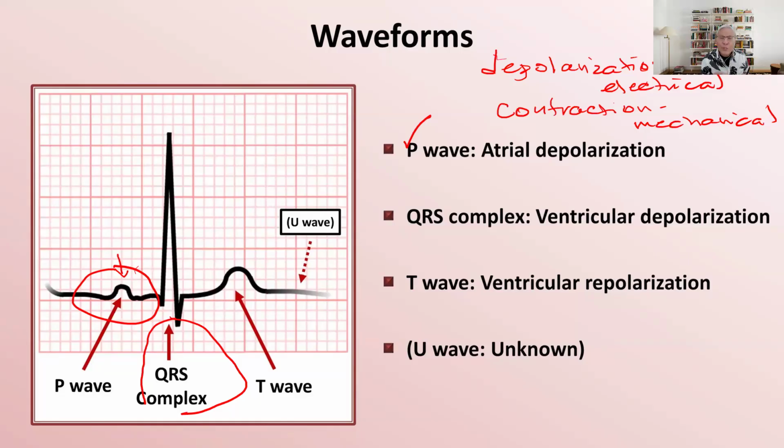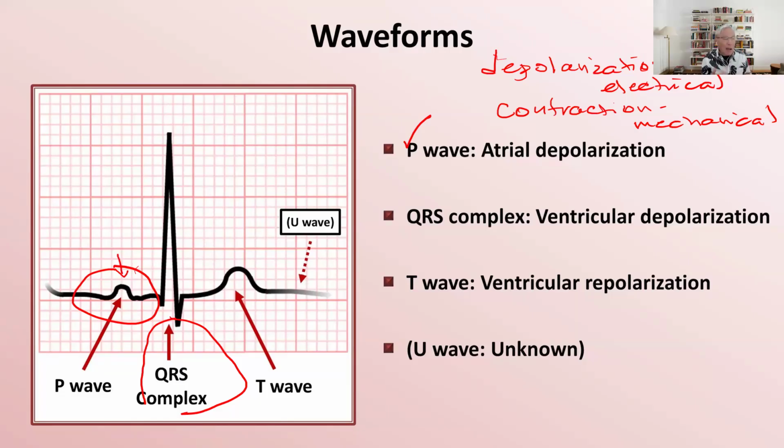And this is because ventricular repolarization is a slow process. Okay? Contraction is fast, but repolarization, or the resting phase of the ventricles, is going to be slower. And this is what is known as the T wave. T wave is a manifestation of ventricular repolarization, the time when the ventricles have to fill with blood again.